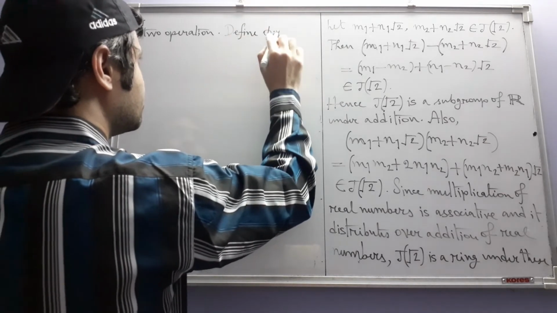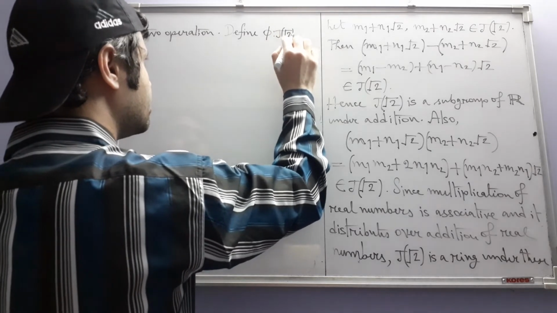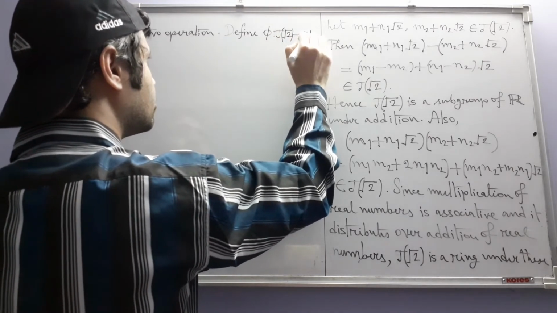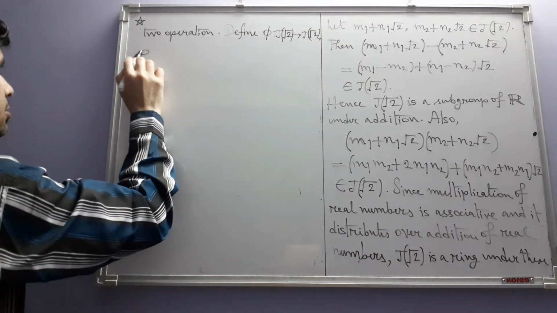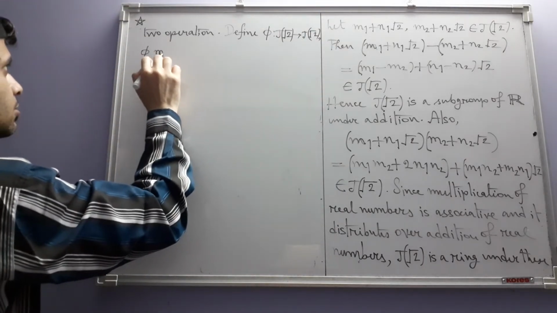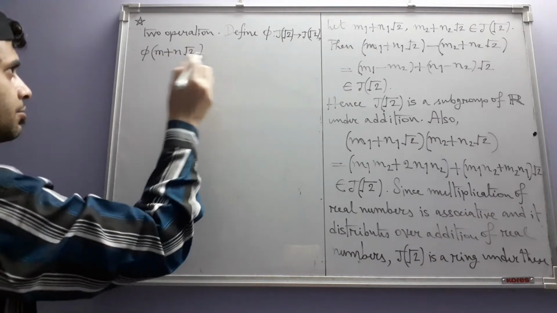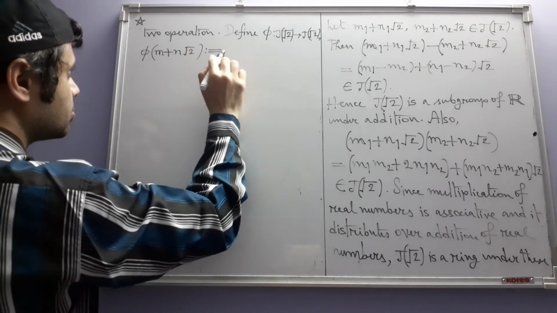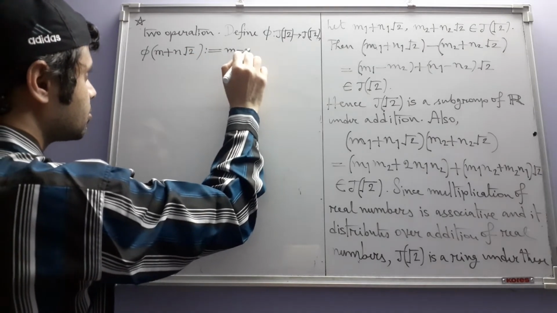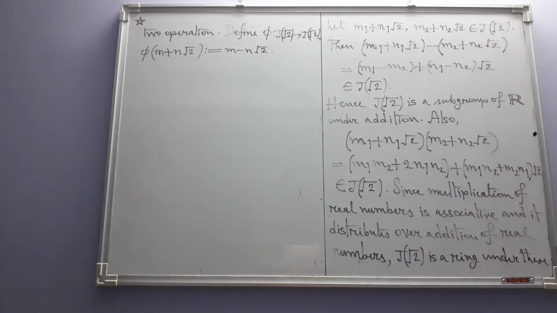Now we are going to define a function whose domain is J root 2 and whose range is also J root 2, and the function is defined like this: m plus n root 2. That's how a typical element in J root 2 looks like. The image is defined to be equal to m minus n root 2.